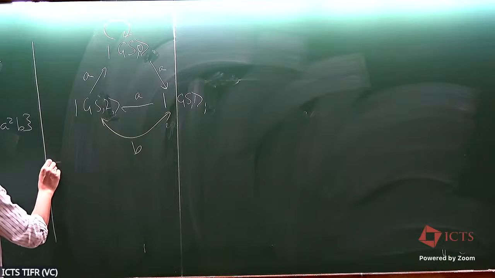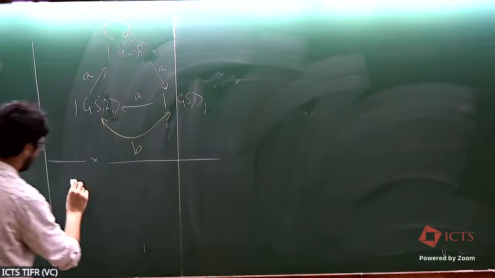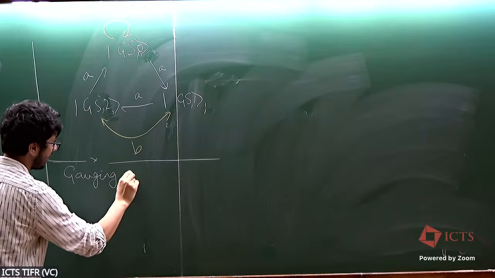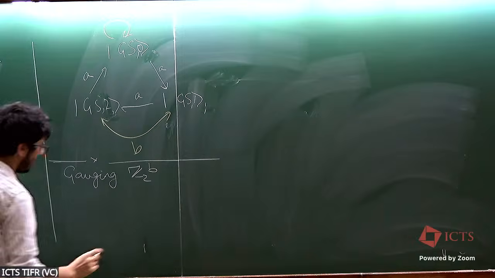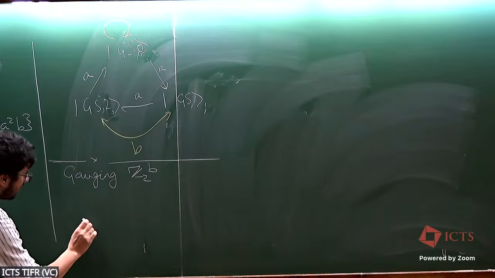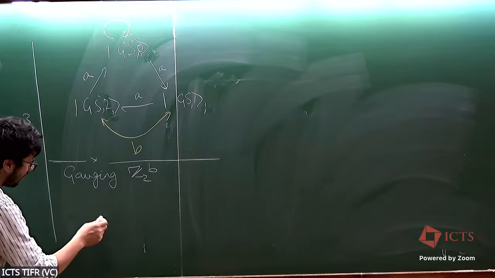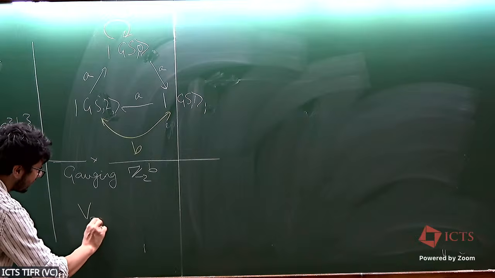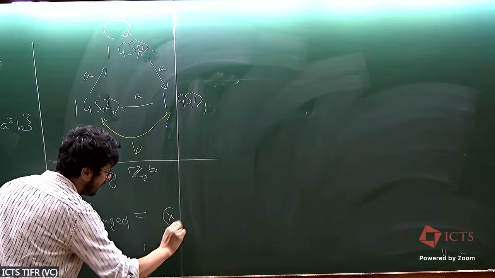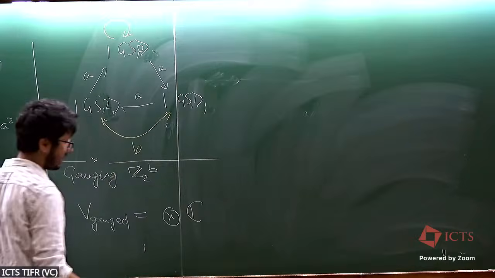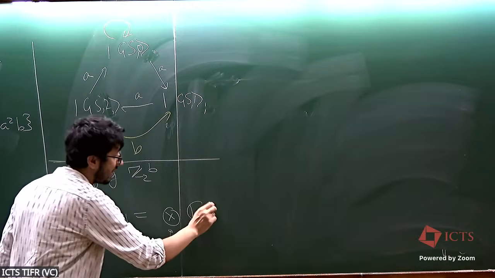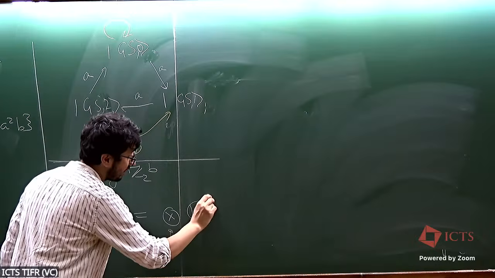So now if we gauge Z2B, what we find is a dual model where the gauged Hilbert space has degrees of freedom on the plaquettes that are labeled by right cosets, sorry, by left cosets.